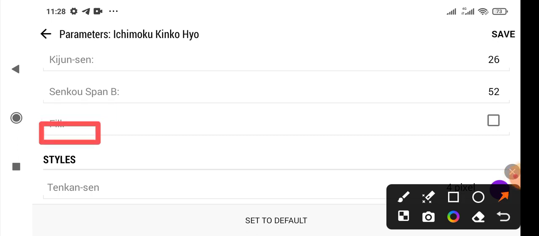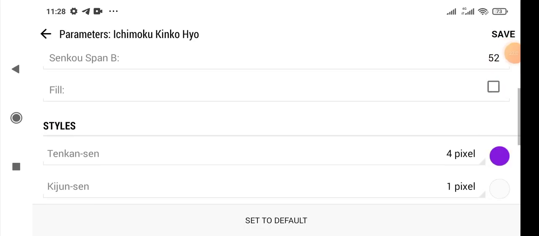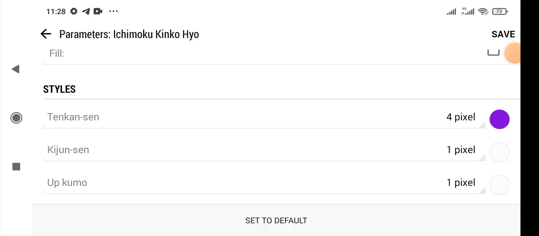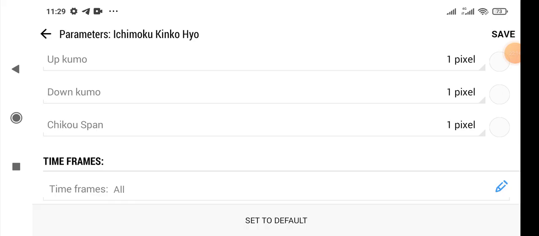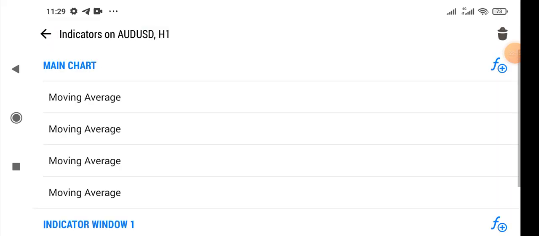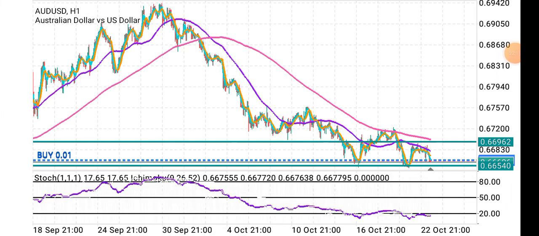And then this other one, only the Kijun-sen is supposed to have color. The other ones are supposed to carry the color of the background of your platform.